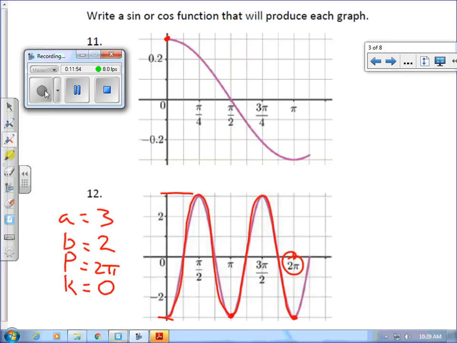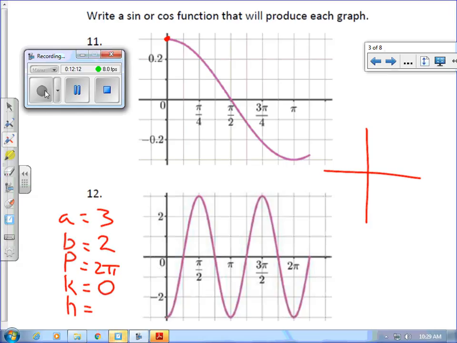Okay. Now we have to decide if we want a horizontal shift or not. What does this look the most like? Sine, cosine? Cosine naturally starts here.